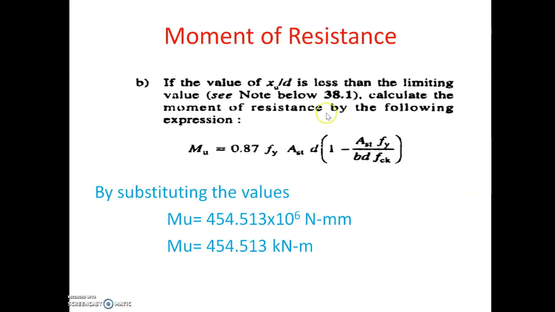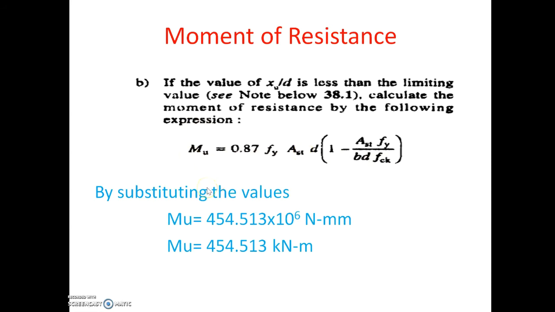So for under reinforced section, Mu is equal to 0.87 fy Ast into d into 1 minus fy Ast by fck b d. This is the formula which is already given in the IS 456. So substituting all the values, we can find out the moment of resistance.